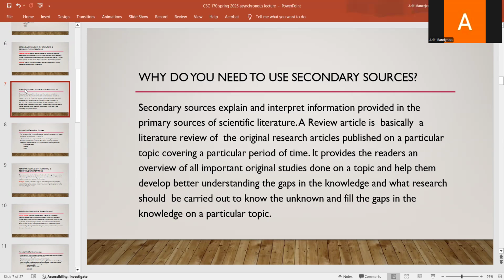It provides the readers an overview of all important original studies done on a topic and helps them develop better understanding of the gaps in the knowledge and what research should be carried out to know the unknown and fill the gaps in the knowledge on a particular topic.